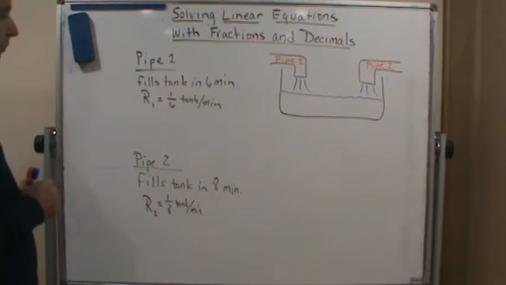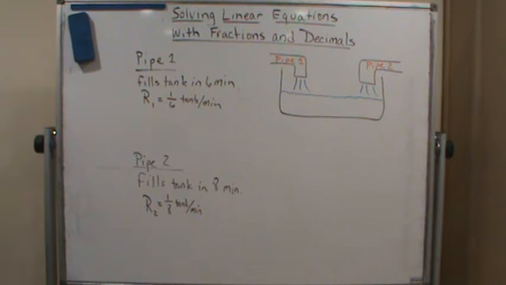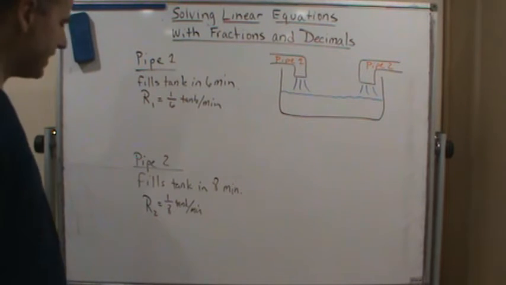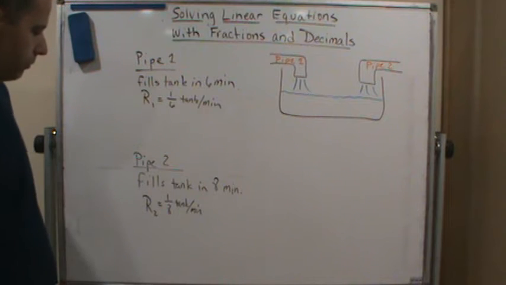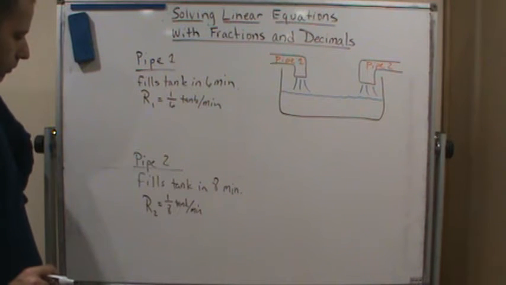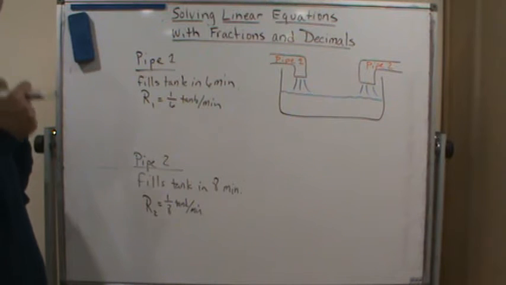Okay, so we got R1, R2. Now the thing is, together, how long will it take to fill the same tank? Well, let's set up the problem and see how this works.